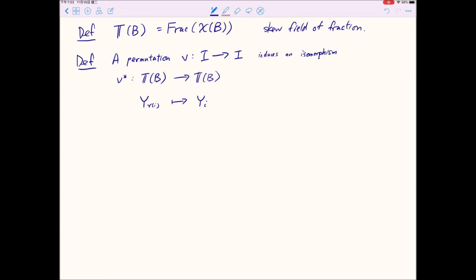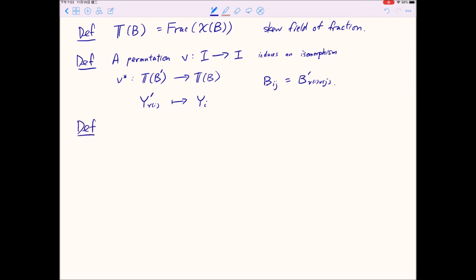Here, sorry, this is B prime, where B prime is related to the original B by, again, this permutation. So if you have a permutation, then what you are really doing in terms of the quiver is just reindexing the quiver. And then this isomorphism mu star really is just reindexing the quantum variables. So this is kind of trivial.